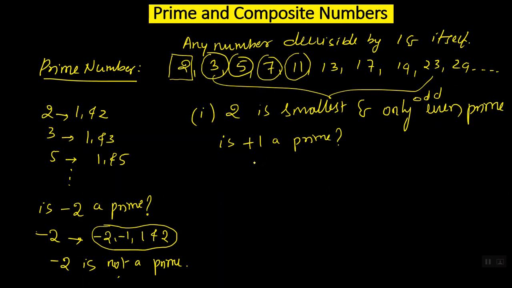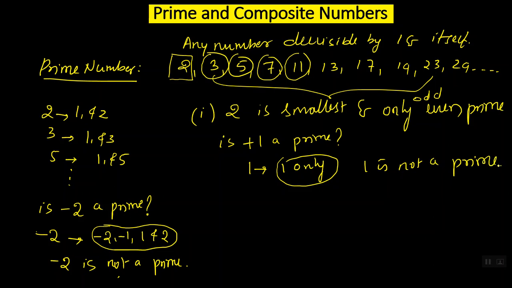Okay. 1, or positive 1, is not a prime. Why? 1 is divisible by 1 only. There is no other number which can divide 1. To become a prime it has to have two factors, 1 and the number itself. But 1 is divisible by 1 only. That's why 1 is not a prime number.